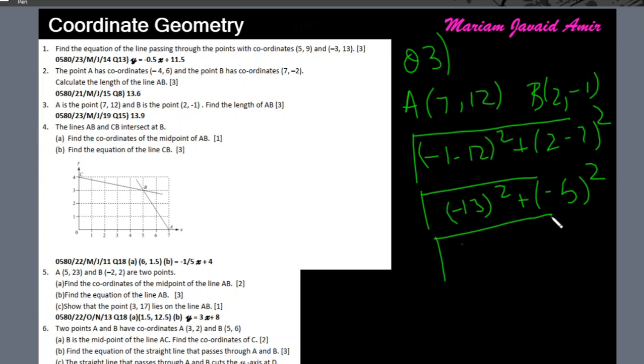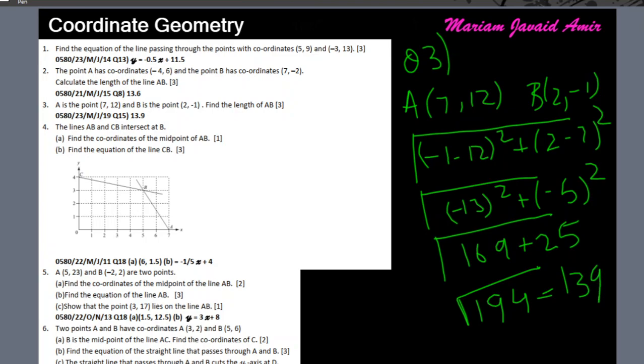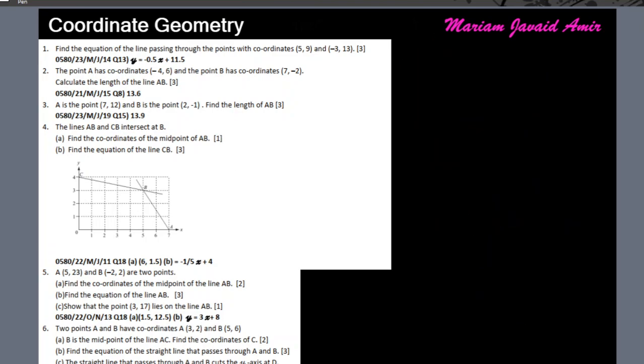So 13 whole square is 169 and 5 whole square is 25. Ignore the negative signs. This becomes 194. Under root 194 is 13.9 when rounded off to 3 significant figures. Question 4.